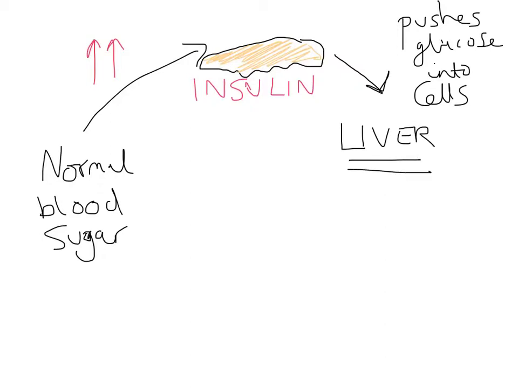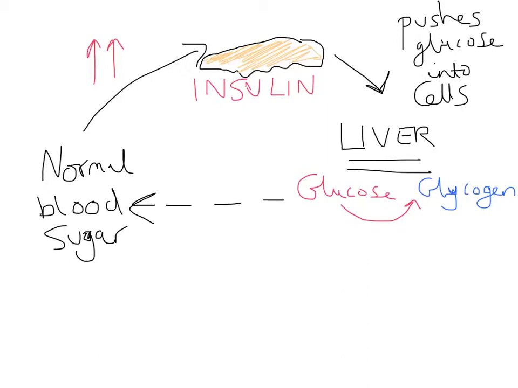In the liver, it takes that glucose and converts it to something called glycogen. So that insulin helps to convert glucose to glycogen, which gets stored away in the liver. And the sole aim of that is to basically restore normal blood sugar.